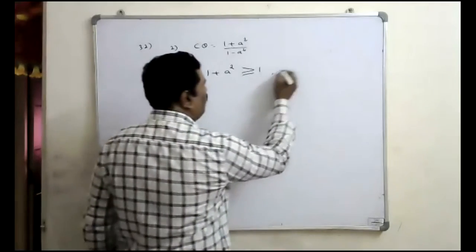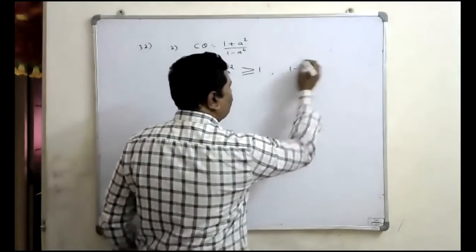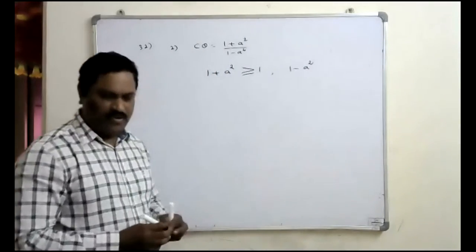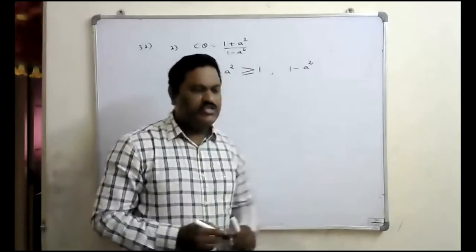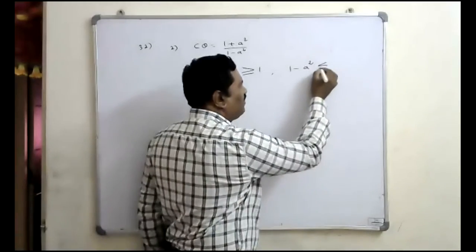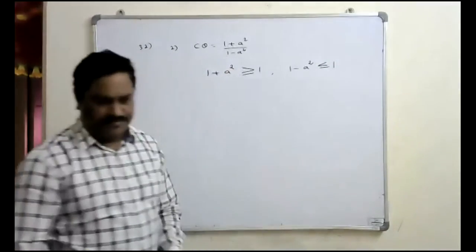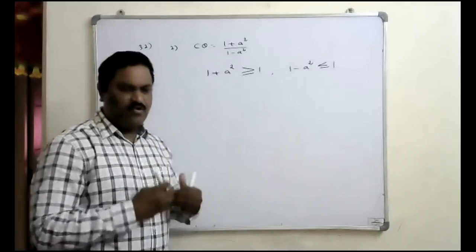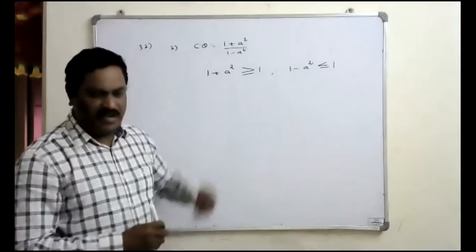And in 1 minus a square, if from 1 I subtract some positive value, it is always less than or equal to 1.